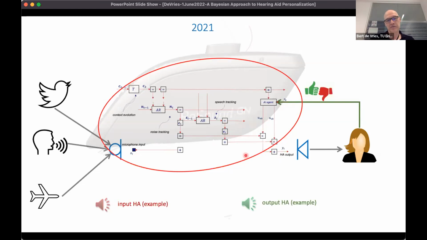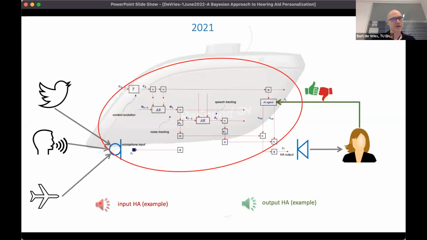This is not very officially verified in large experiments, but we seem to get about 4 dB signal to noise ratio improvement at the moment with this approach. I could try to play the example, but I haven't seen that Zoom actually allows me to stream that through the network.